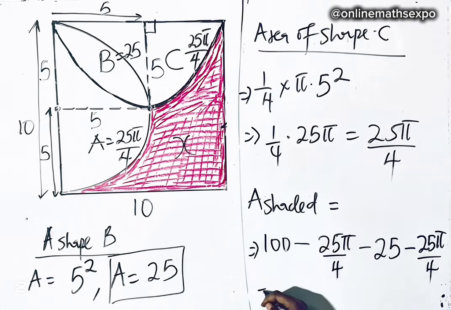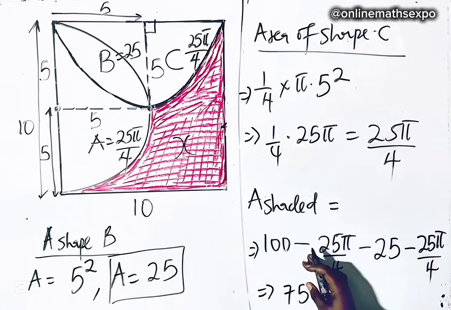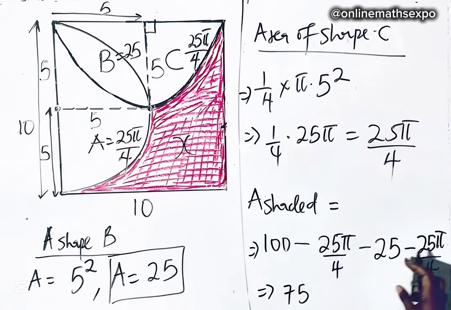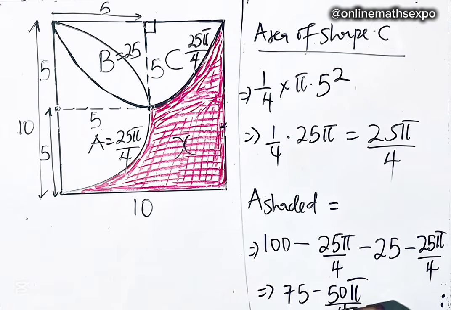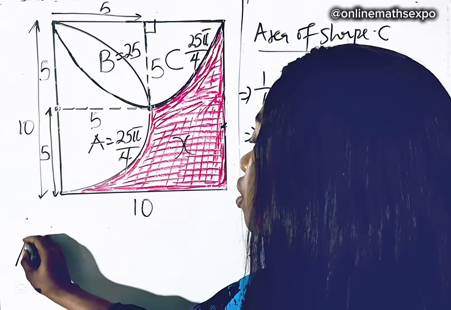Subtract this, it gives us 75. So for these two, it's going to give us negative 50 pi over 4. Let's simplify: the 2 here is 2, and the 2 here is 25.